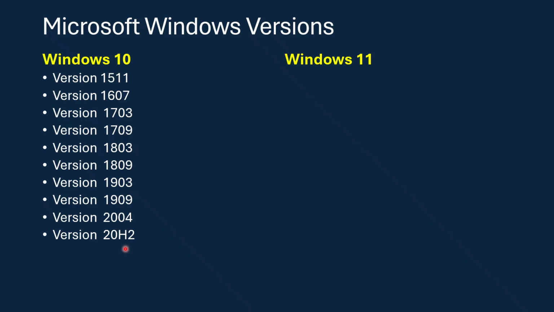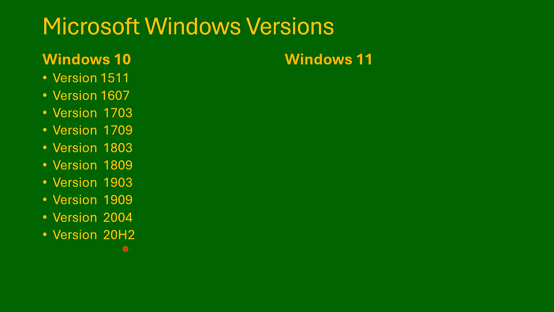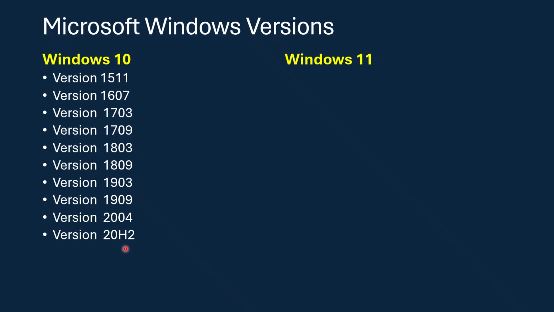What do we mean by first half of the year? It means from January up to June, from month 1 to month 6. And the second half of the year starts from July up to December.